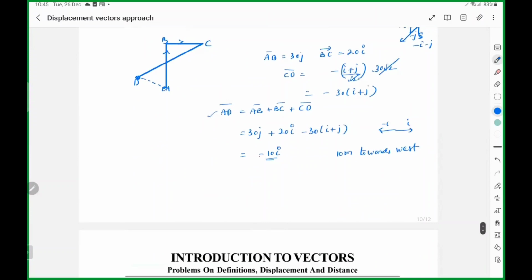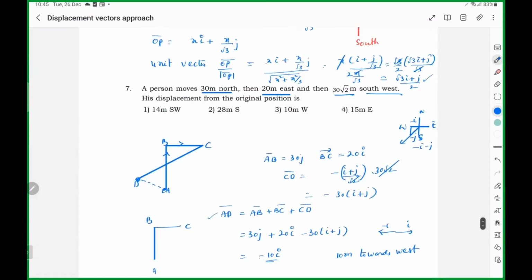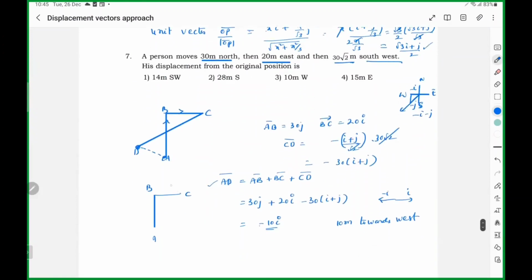Suppose vector notation is not there. How do we tackle the same problem? So here it is AB, and then he moves towards right, east, 20 meters, and then 30 root 2 meters towards southwest.